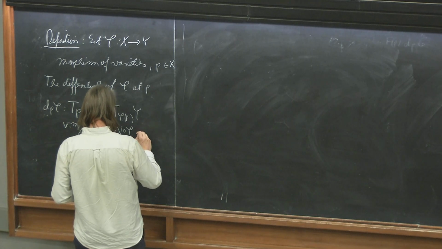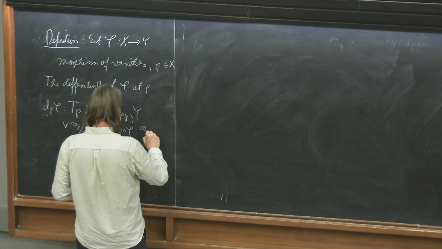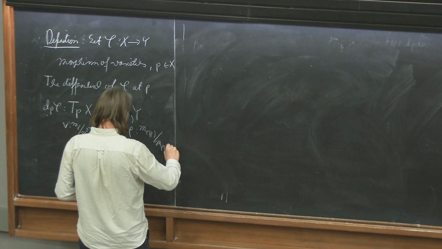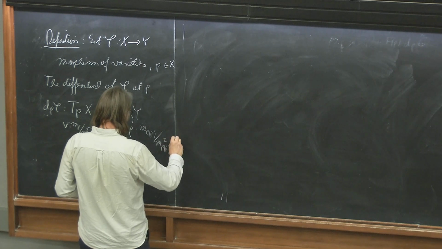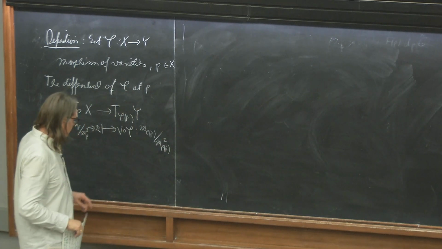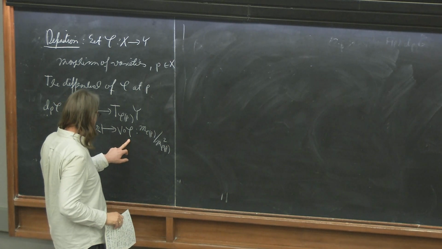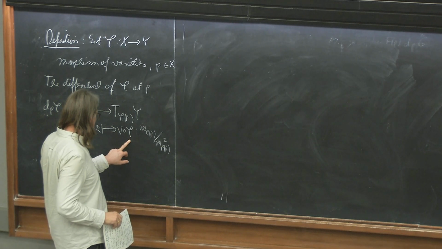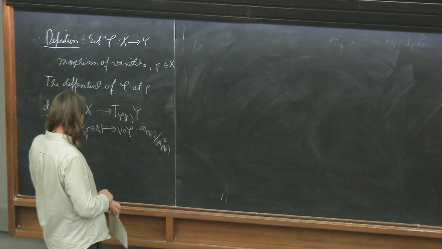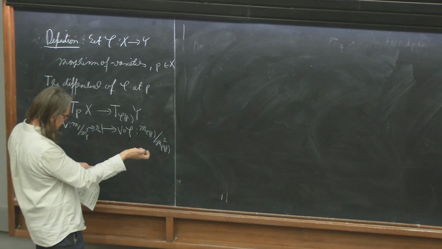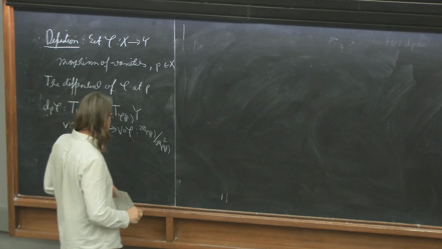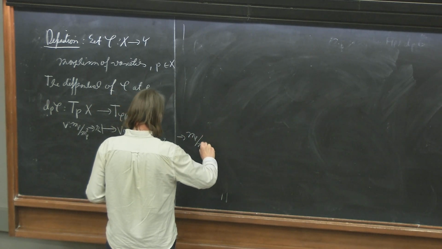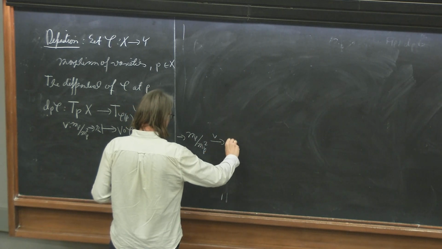So if this goes from m at phi of P modulo m squared, we compose with a function which vanishes at phi of P. If we compose with phi on this side, this is a map from MP modulo MP squared, and then we apply V. This goes to K.